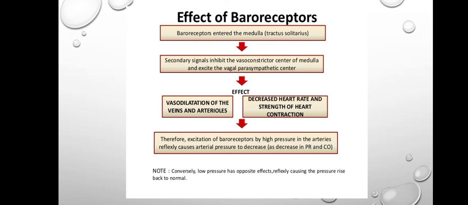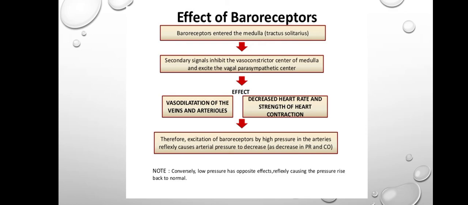So increased impulses go to the brain, signifying increased pressure and increased amount of stretch. Then the tractus solitarius interprets that sensory impulse and sends feedback, and there is enhanced parasympathetic activity and decreased sympathetic activity. Then vasoconstrictor signals are inhibited, thereby promoting vasodilatation of the veins and arterioles, and decreased heart rate as well as strength of heart contraction due to that same parasympathetic effect.